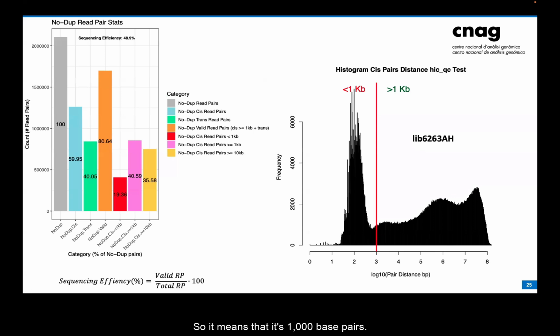Okay. So what we normally see for a good library is a bimodal distribution, where you have a peak of short chunks below 1 kb, and then a decent amount of pairs that are up to even 1 megabase, 10 megabases, or 100 megabases in distance.